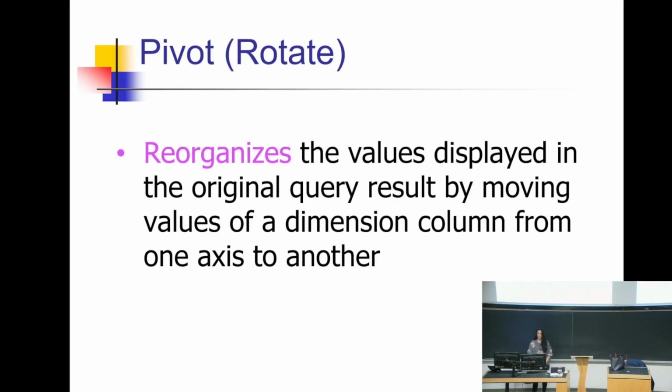So we said pivoting is just rotating the current view of the data that you have. So it doesn't change the result at all. It is only for better representation and better visualization.